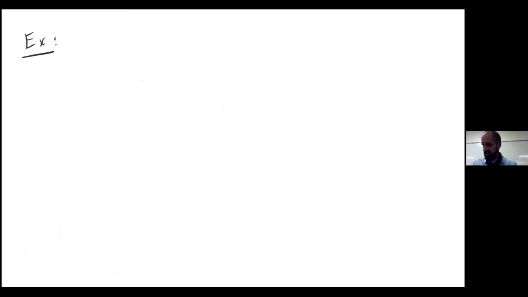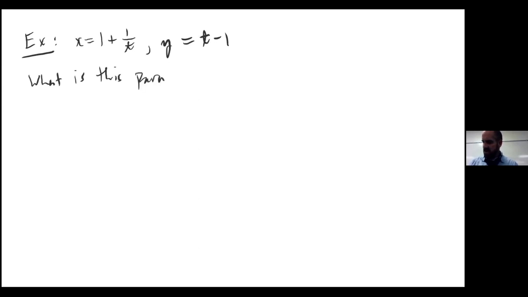So x equals 1 plus 1 over t, and y equals t minus 1. So the question is, what is this parametrized curve?